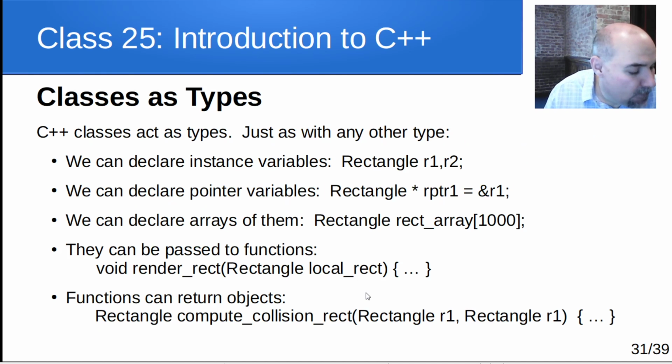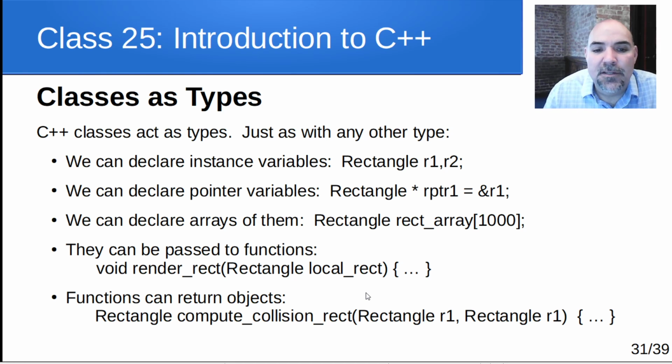Now, returning to this concept of classes as types. This is actually somewhat important: classes as types work just like any other type. So think of an int. You can make integer variables, int i, int j. You can declare pointers, int asterisk iptr.